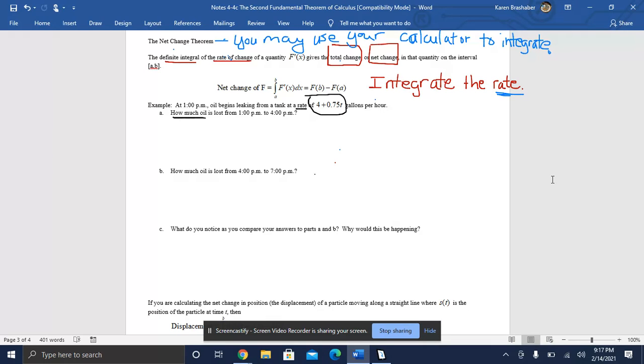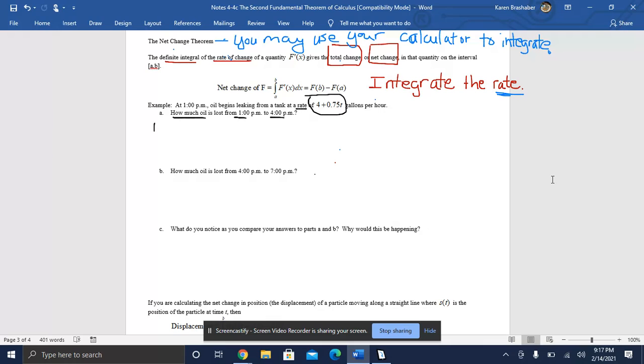Now, your limits of integration, you just want to be careful how you interpret those. This is from 1 o'clock p.m. to 4 o'clock p.m., but that does not mean that you want to integrate from 1 to 4. You want to integrate from time 0 to however much time has passed.